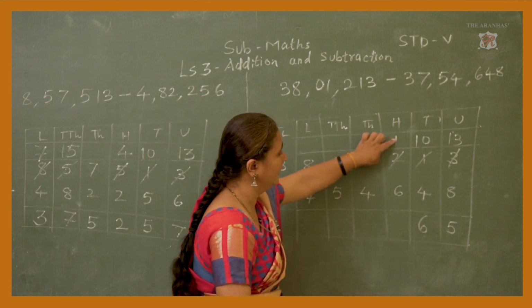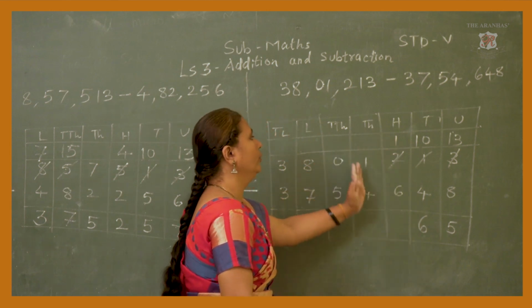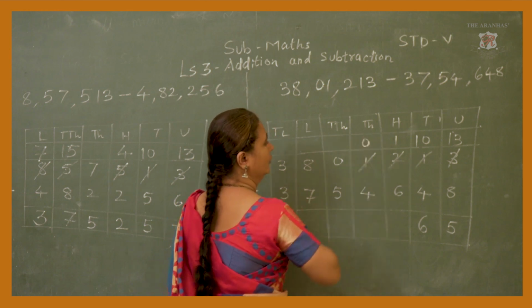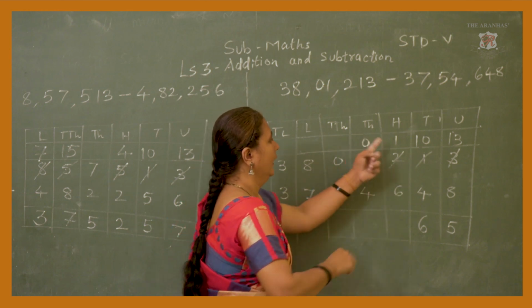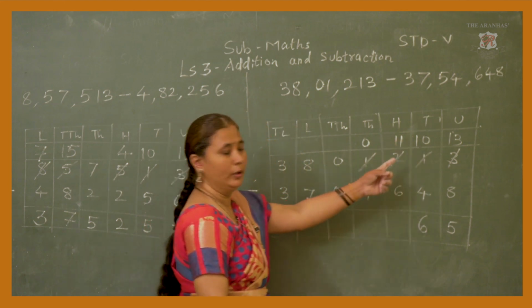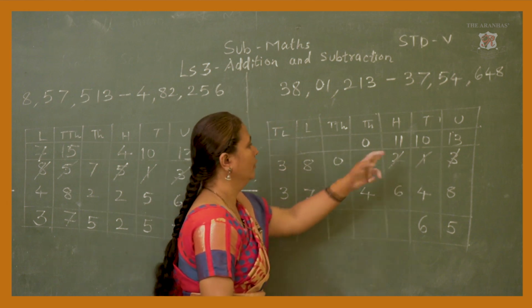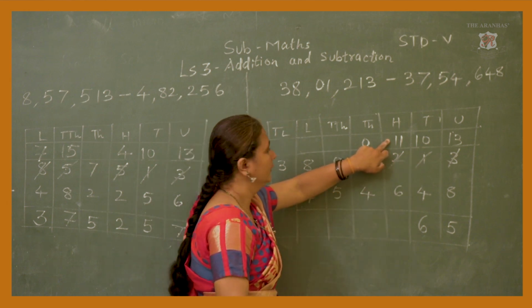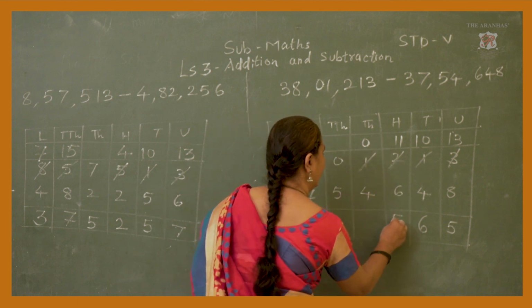Now, 1 is again less than 6. Again we have to borrow from 1000. Again here we have to take 0, 1 minus 1, 0 and borrow a number for 100. So, it is 1. For 1 we have to take 11. 11 minus 6, 5.